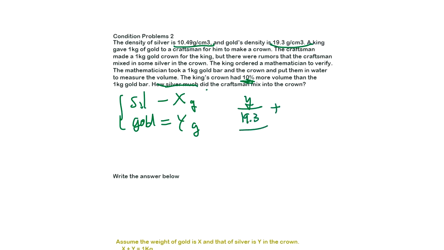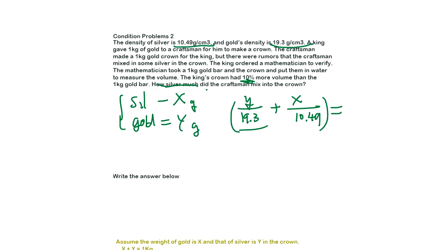This is the gold volume, and you divide by the silver density. So this is the total volume, which is 10% more than the pure gold.